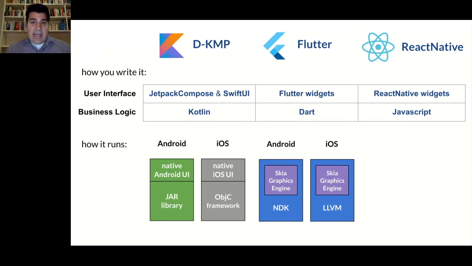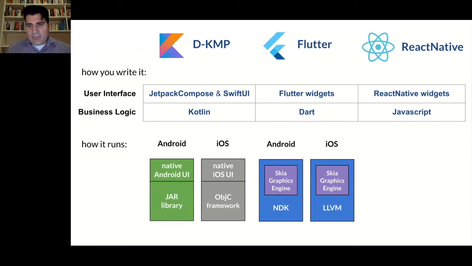In Flutter, first of all, we don't have a native UI toolkit. They use the Skia graphics engine, which is a C++ graphics library, and there is no nativeness in the interface. So the UI actually looks the same on Android and iOS. In terms of the structure of the app, for Android it would be an NDK app, and for iOS it would be an LLVM app.